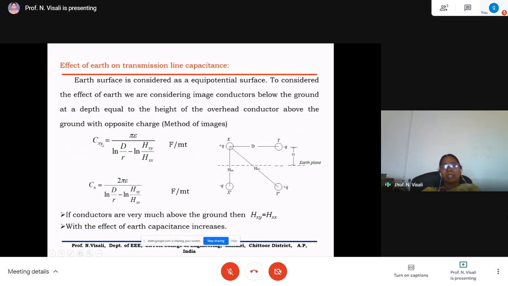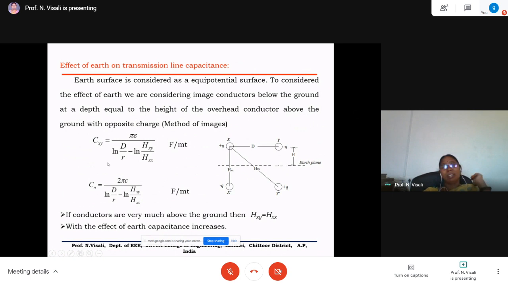The capacitance will be calculated as pi epsilon by Ln of D by R minus the effect of this negative potential, that is Ln Hxy by Hxx. This will be the capacitance of the conductors when earth is present.